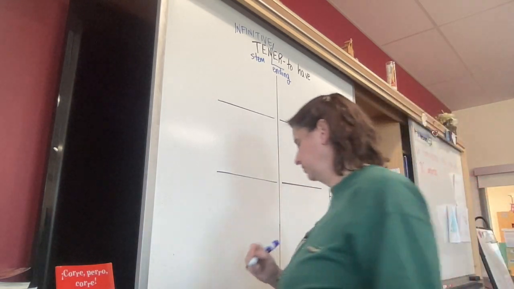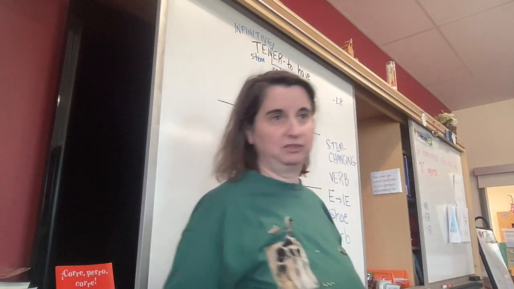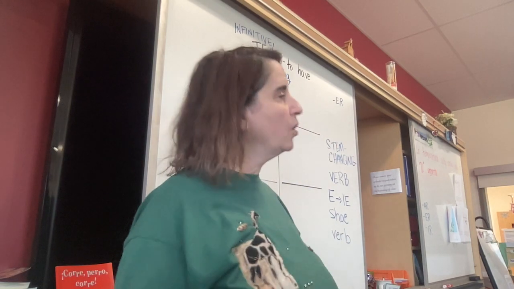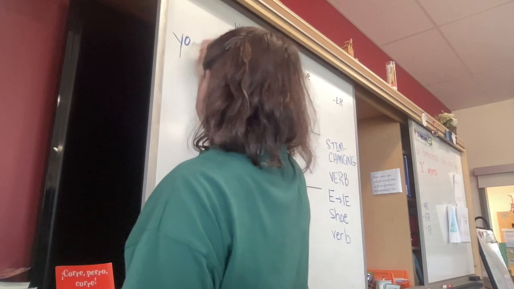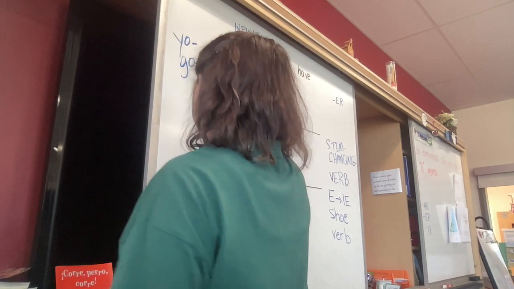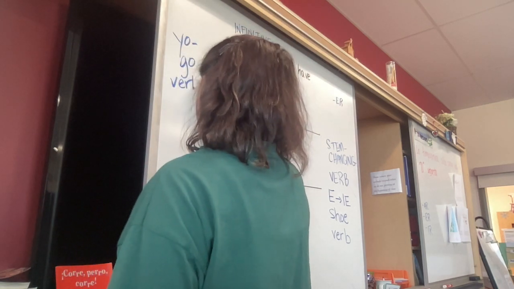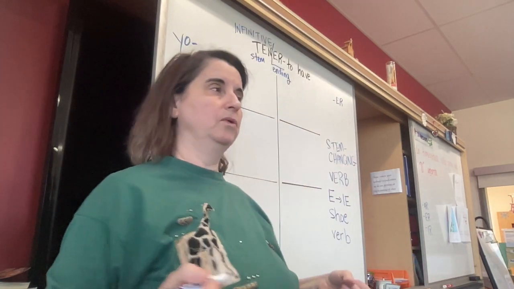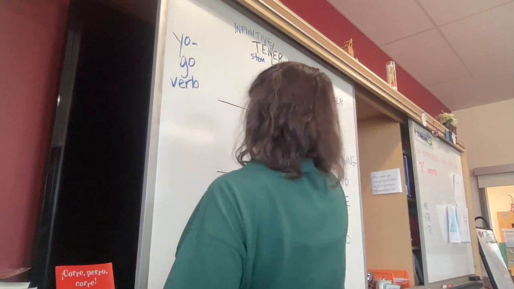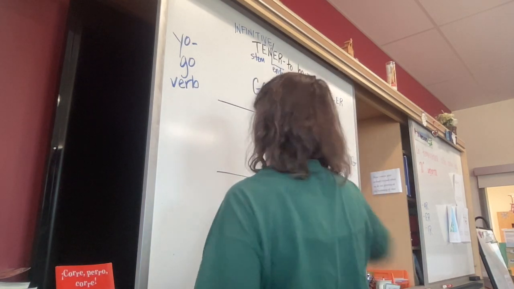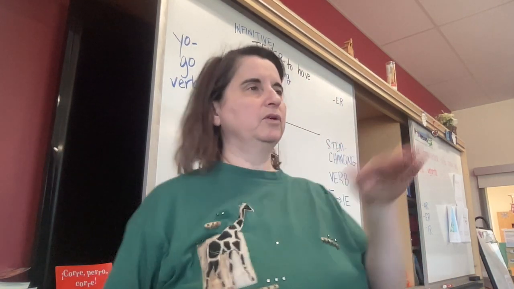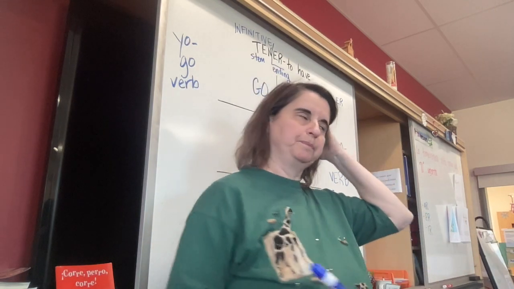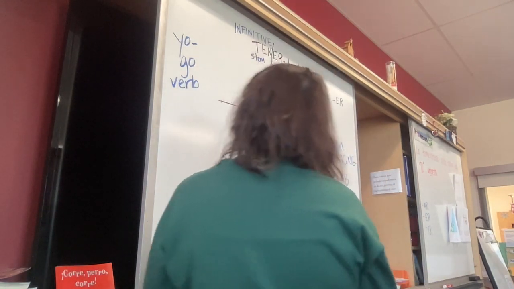Okay, now there's something else that's special about this verb. It is a yo-go verb. So we're going to write that up here next to yo. What that means is in the yo form, instead of just ending with an O, it's going to end with a G-O. So we're going to put that here. There's a few verbs that do this. All right.